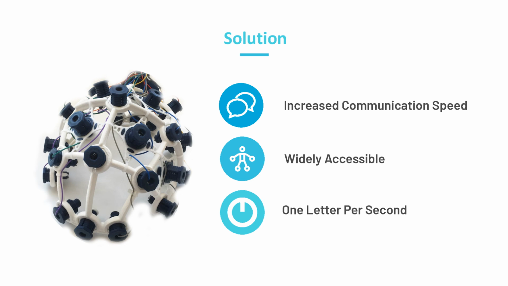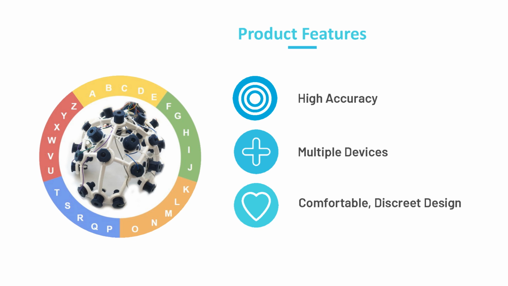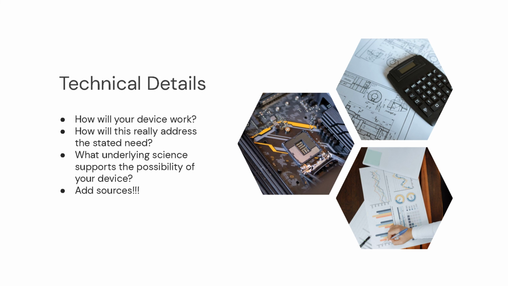The goal that we're saying this fake product can do is type at 1 letter per second. And the features it has are that it can connect to multiple devices, it's highly accurate, and it's comfortable and discreet.